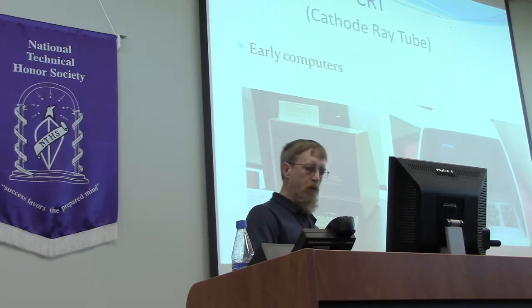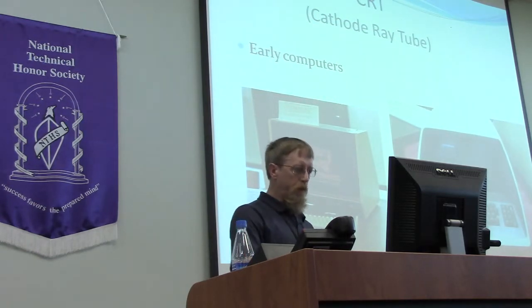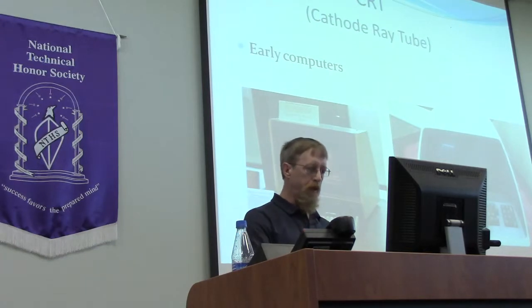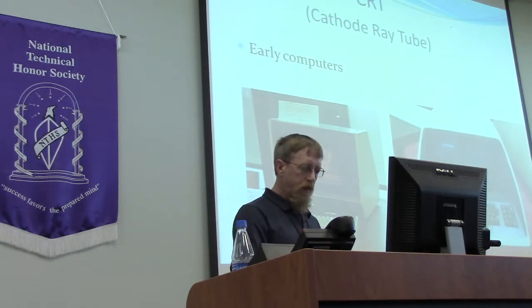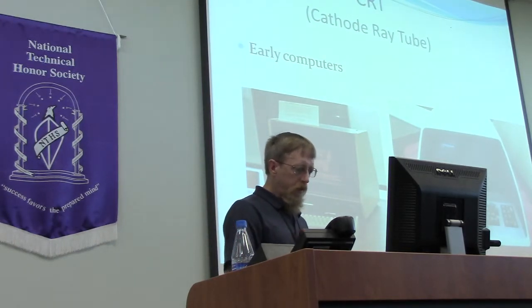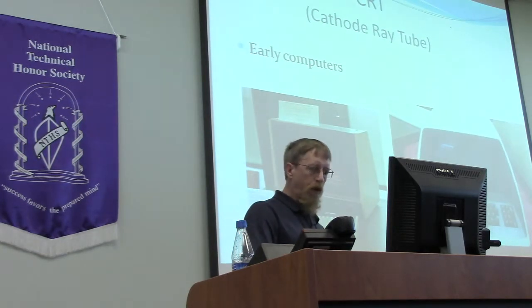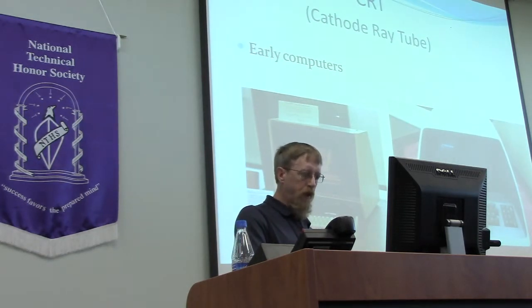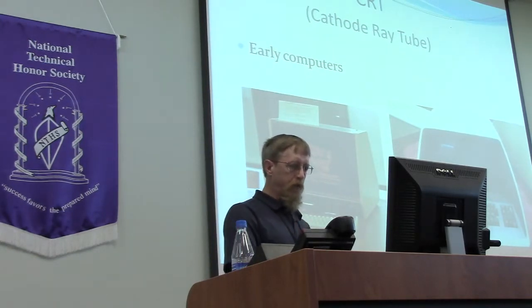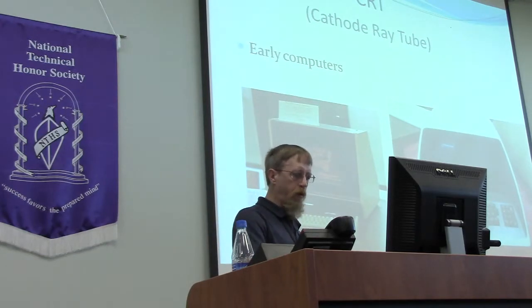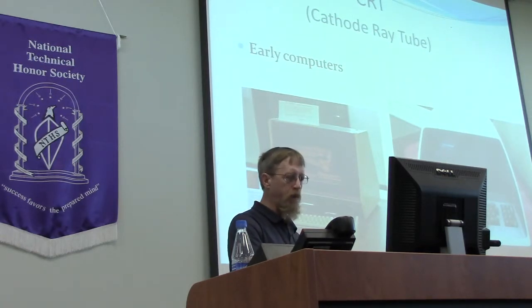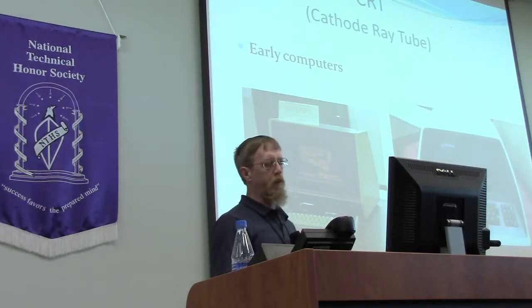CRT technology remained dominant in the PC market into the new millennium, partially because of the cheaper production and the wider viewing angle of 180 degrees. A CRT monitor contains millions of tiny red, green, and blue phosphorus dots that glow when they are struck by an electron beam that travels across the screen to create a visible image.